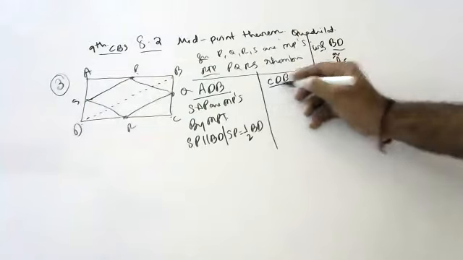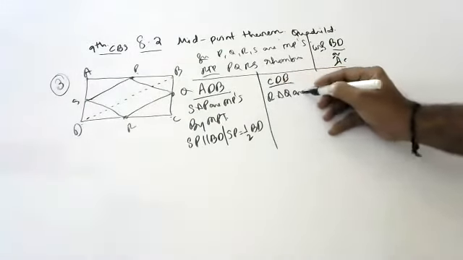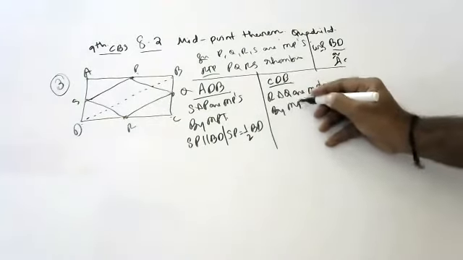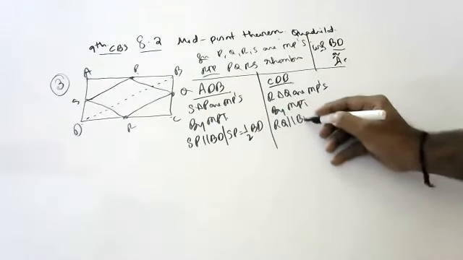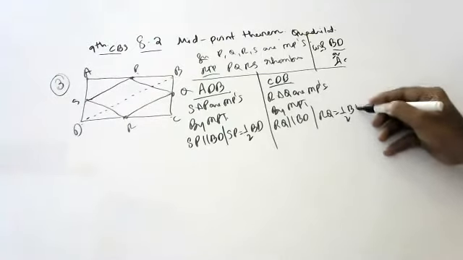In triangle CDB, R and Q are midpoints. By the midpoint theorem, RQ is parallel to BD and RQ is half of BD.